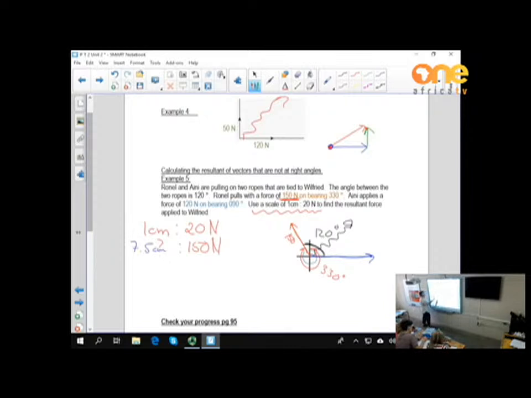All right, and the other one we have is 120 Newton. 120 Newton divided by 20 times 1 is going to be 6 centimeters long. All right, so we need two lines, one 7.5 centimeters and the other one 6 centimeters. Okay, this one is your 6 centimeter line, and this one is the 7.5 centimeter line.